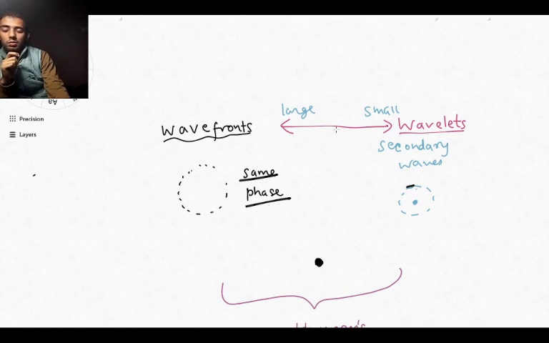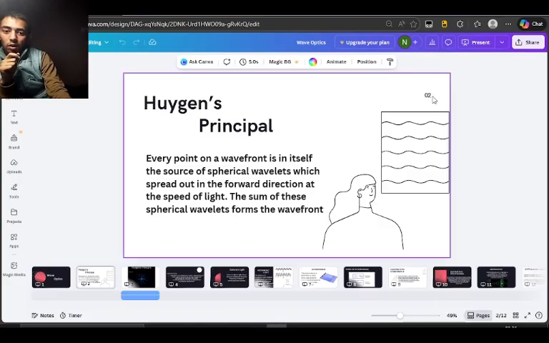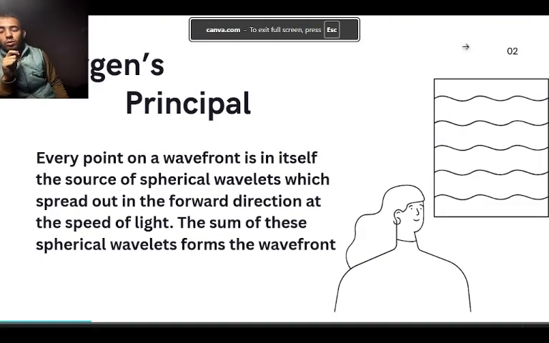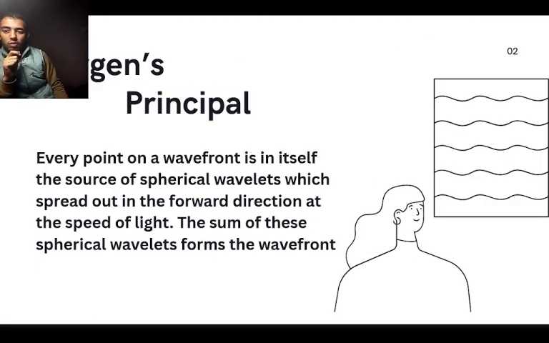They are large, and wavelets are the secondary waves which are created by each individual point, and they are small. So this is the difference between wavefronts and wavelets.